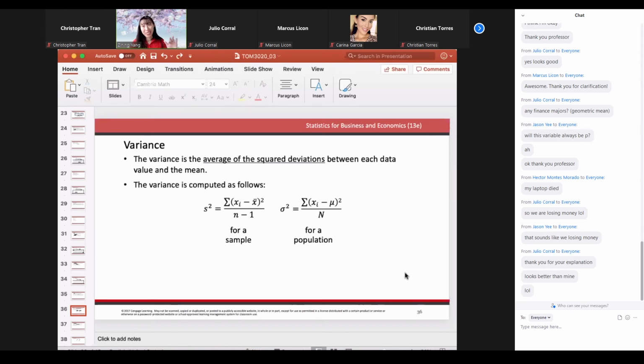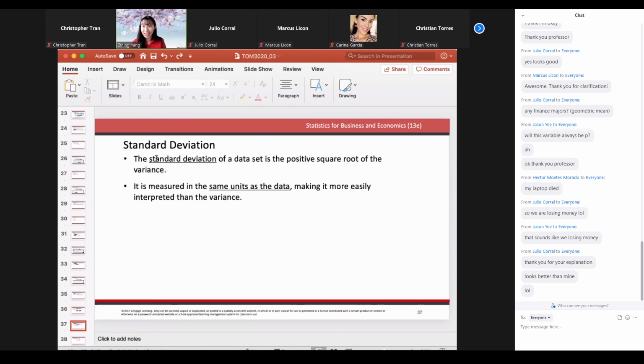Standard deviation means standardize the difference. So if we want to standardize, we need to drop it back to the same magnitude. So after we raise it to the second power, naturally we should take the square root. So standard deviation puts the deviation into the same unit as the original data. So it's not inflated.